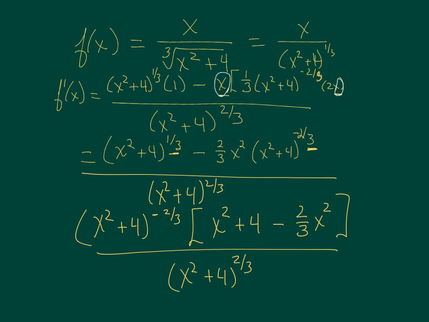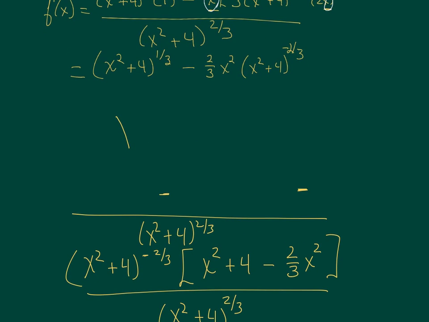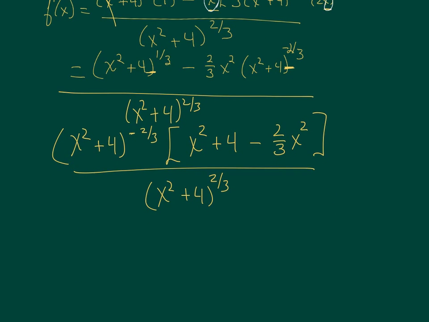Notice these match. So I can move that to the bottom. So it equals x squared plus 4 to the 2/3, and we're going to have 3/3 x squared minus 2/3 x squared.